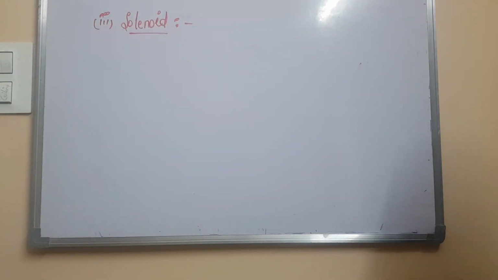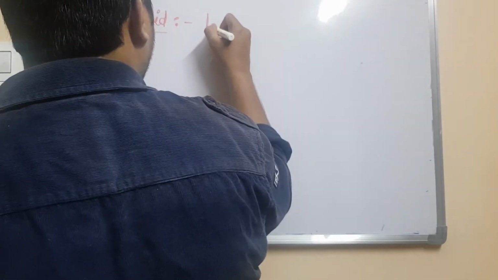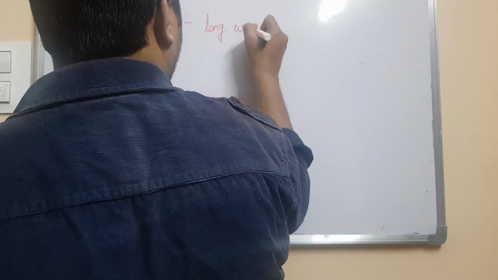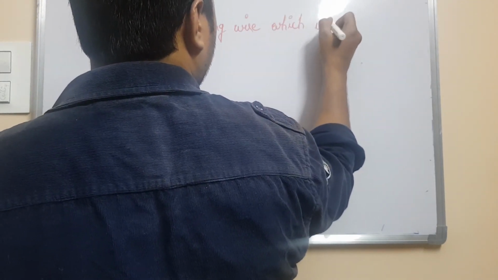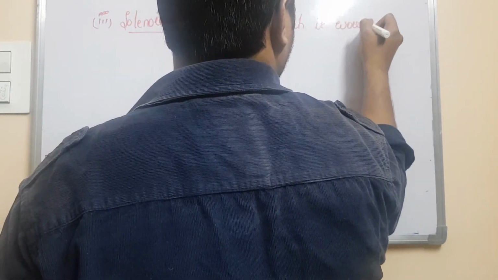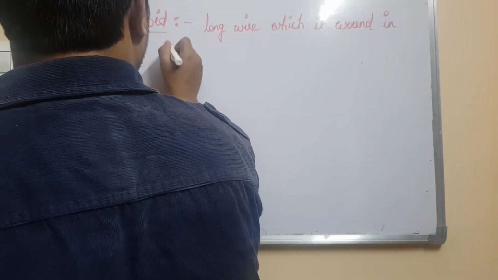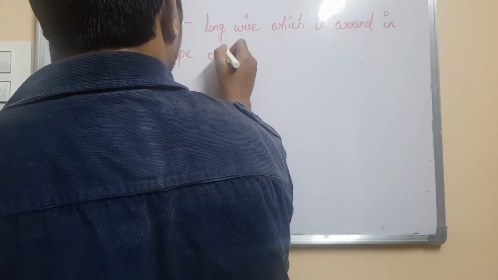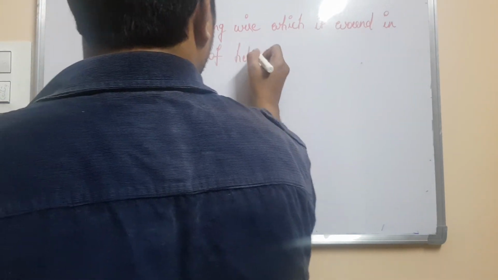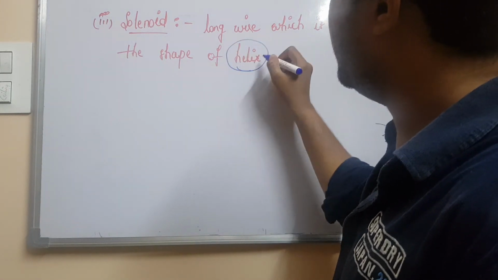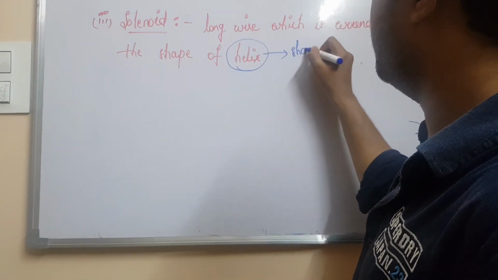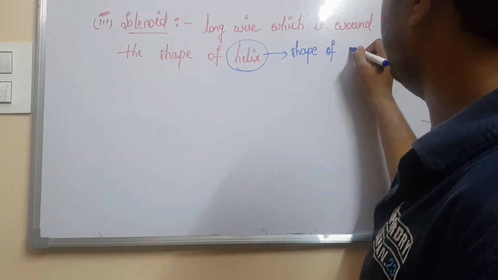Solenoid is a long wire which is wound in the shape of helix. Helix means nothing but helical shape. Helical shape is nothing but shape of a spring.